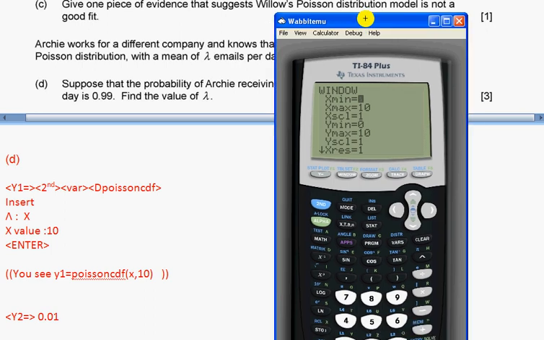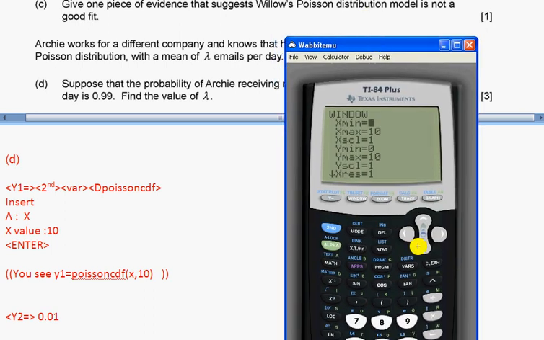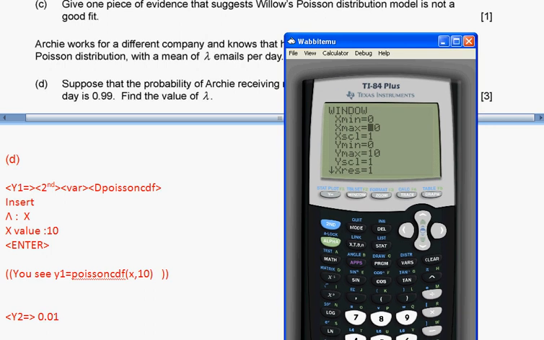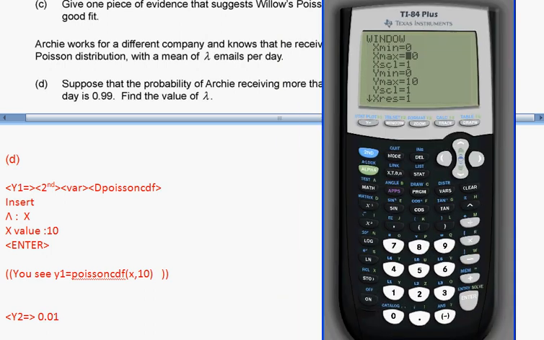Now we do, okay, so y equals second var, Poisson cumulative, this is x, this is 10, and here we put 0.9.